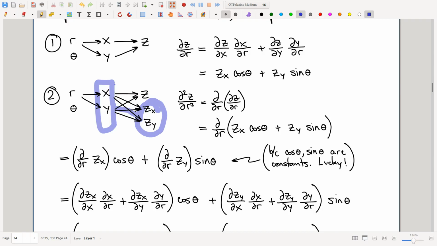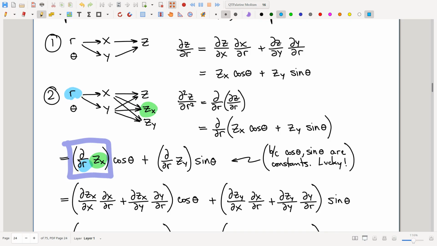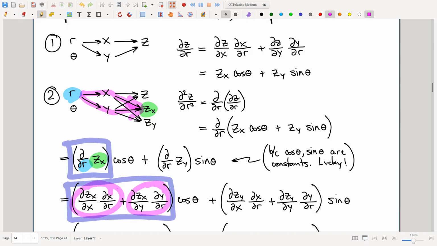And in doing so, now I can make perfect sense out of this partial derivative. You want to take the partial of z_x with respect to r, oh, there it is. No problem. Two paths, two intermediate variables, and that partial derivative then has two corresponding terms.